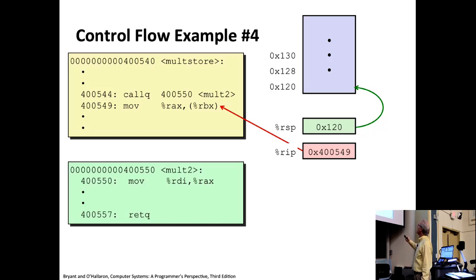So it will pop that address off the stack, meaning it will increment the stack pointer. Like I said, the value doesn't really disappear from memory. It just is no longer considered part of the stack. Then it will set the program counter to what it just popped off the stack, and that will cause the program to resume back to where it came from. So you see the clever idea of pushing the address of the next instruction, so that when the return comes, it gets back to the point where it should resume execution.